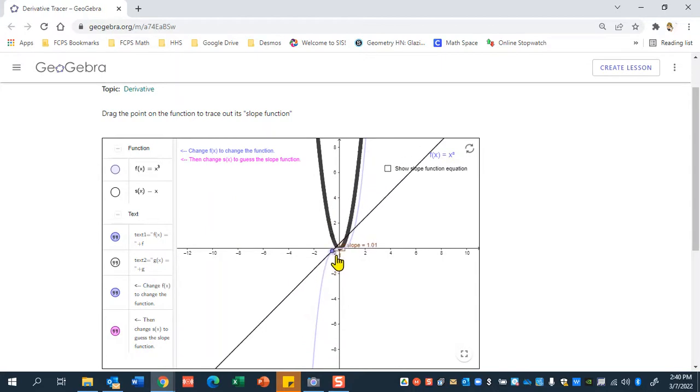Notice here how it changes concavity right here, right where that derivative value has a slope of 0, and you can watch that go. So this website is on your Schoology, and you can go ahead and change this. If we have a quadratic equation, we can go ahead and graph. Notice my derivative graph becomes a straight line when I have a quadratic.